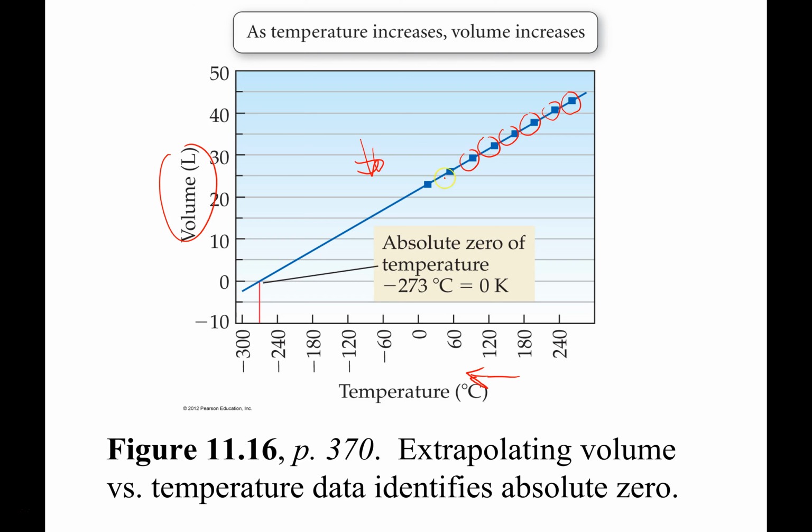So at some point it seems like I should have a cold enough temperature so that the volume is 0. That 0 volume actually intersects with a temperature of 0 Kelvin, which is negative 273 degrees Celsius.